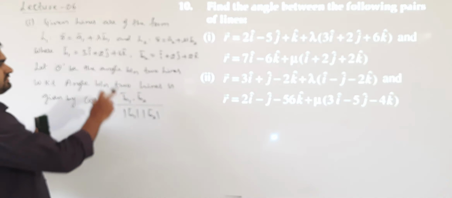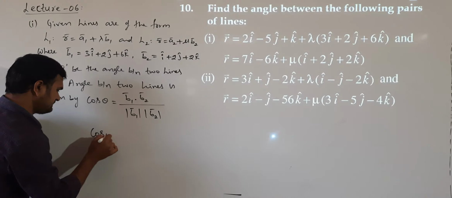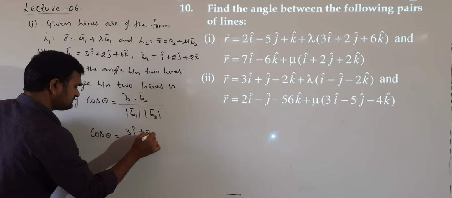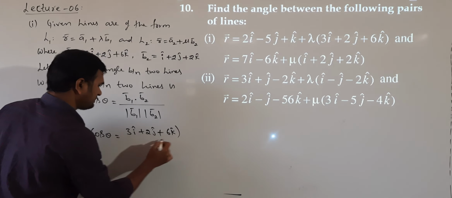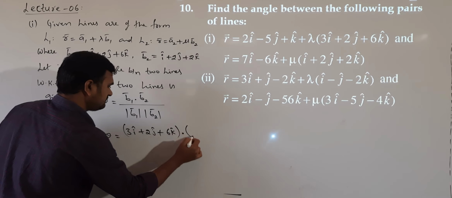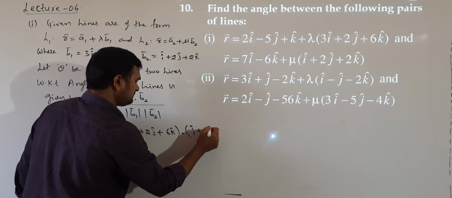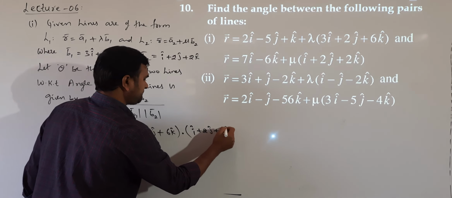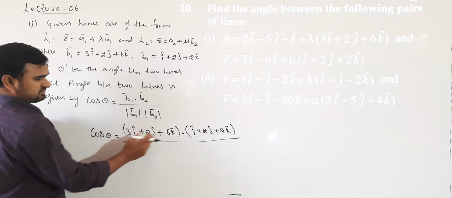So we know b1 bar and b2 bar. Substitute here. Cos theta is equal to b1 bar, 3i plus 2j plus 6k, dot b2 bar, i plus 2j plus 2k, divided by the magnitude of these two.